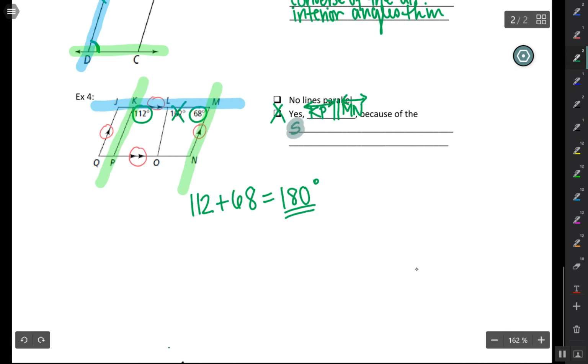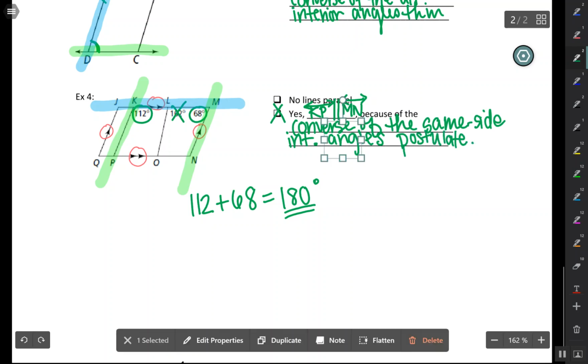That's important. Converse of the same side interior angles. I think this one's a postulate. Okay, so they're same side interior. They're on the same side of the transversal and they're on the inside. This is the interior.